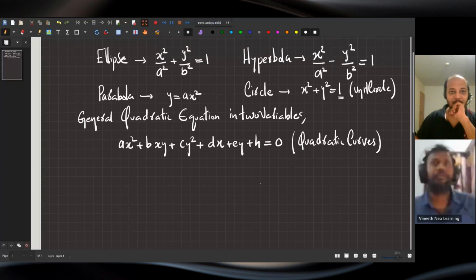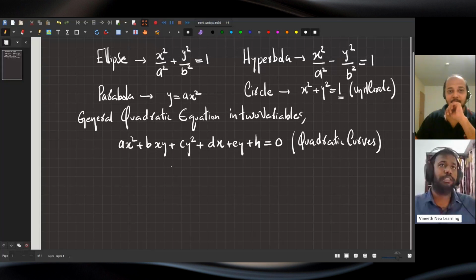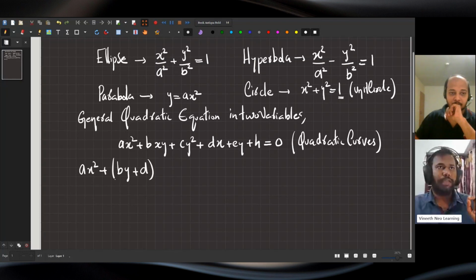Now, we want to find the solutions of these curves for various values of these coefficients. So how do you solve? We proceed by converting this equation into an equation in x. We can write it as ax squared plus, taking x common, (by plus d) times x plus cy squared plus ey plus h equal to 0.